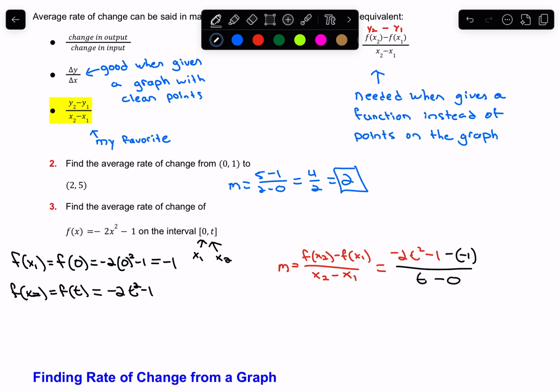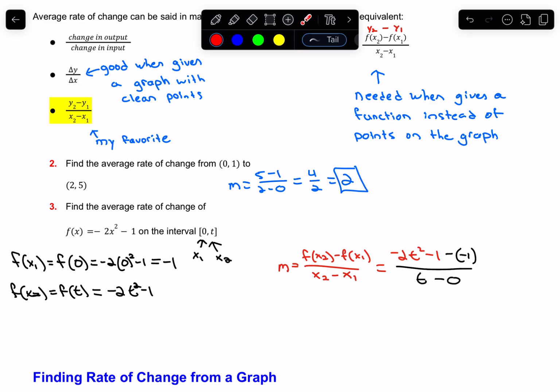Okay, so the part in red that I left is our f of x2. That's the most complicated piece of this. And then we have negative 1 was x1, and on the bottom, x2 minus x1. And sorry, I misspoke again, doing that a lot this video. Negative 1 right here is f of x1.